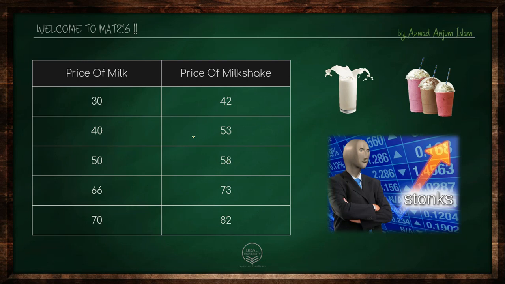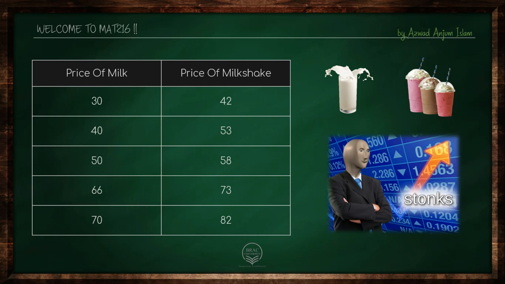When the price of milk was 30, the price of milkshake in your local store was 42. When the price of milk was 40, the price of milkshake became 53. When it was 50, this became 58, and so on.